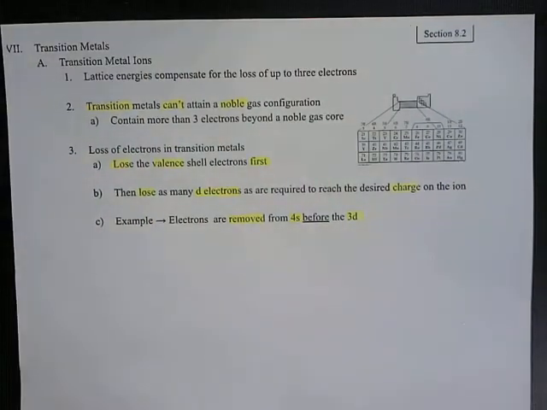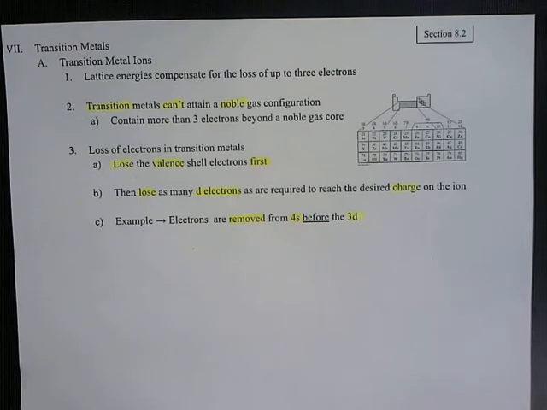Now, I do want to talk about something that I've skipped over this entire set of notes, and that is transition metals. The reason I skipped over transition metals when I talked about the valence electrons and the charges is because transition metals can't obtain noble gas configuration. What happens is they lose those valence shell electrons first before they lose any d electrons.